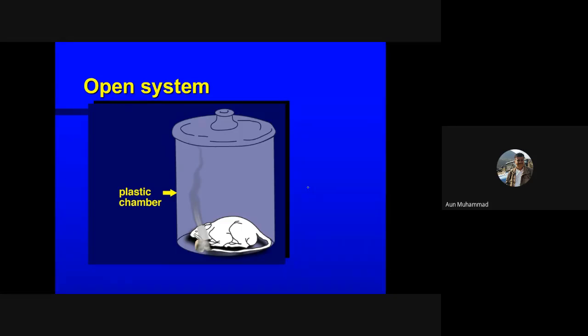We can use a plastic jar in the same way. Usually this system is used for lab animals for a shorter duration of time. If you are going to work on a lab animal and want the animal to become desensitized or generally anesthetized, this open system is used for lab practices like for mice and rodents.